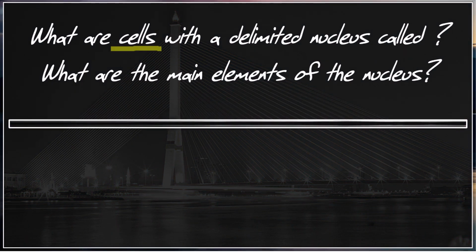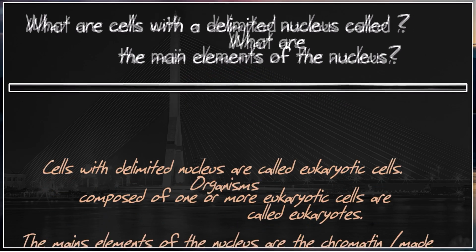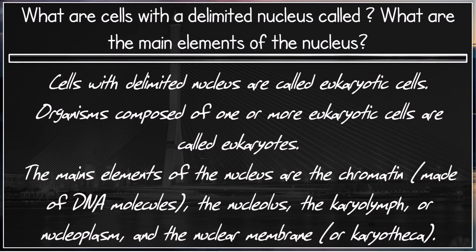What are cells with a delimited nucleus called? What are the main elements of the nucleus? Cells with a delimited nucleus are called eukaryotic cells.